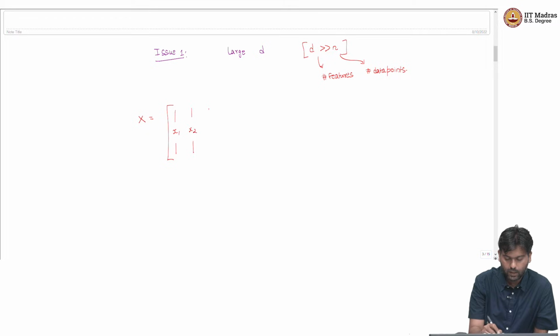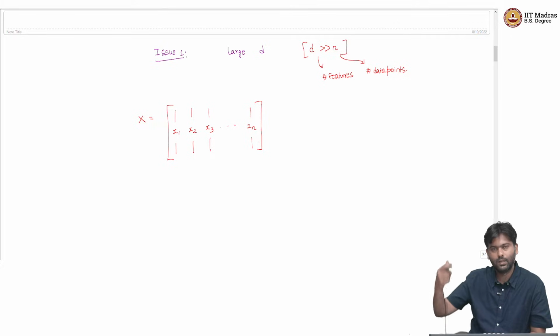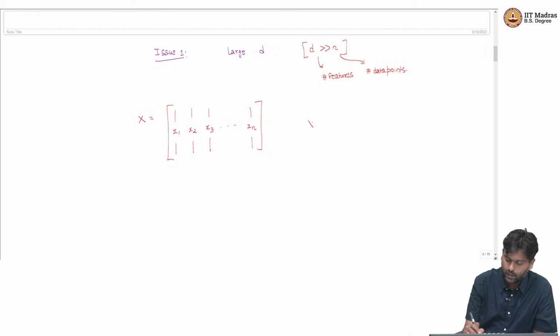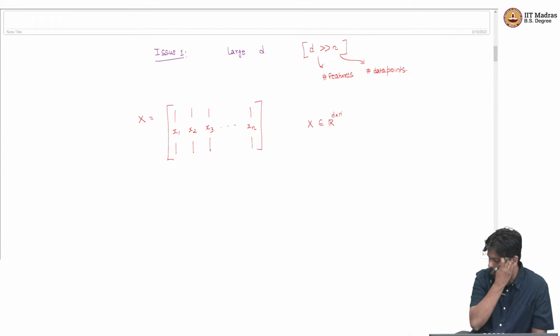Let us say we have the data set which has x1, x2, x3, dot dot, xn. So, let us say we stack these data points as d-dimensional vectors in columns next to each other. So, that is my data set itself represented as a matrix, which is a D cross n matrix.